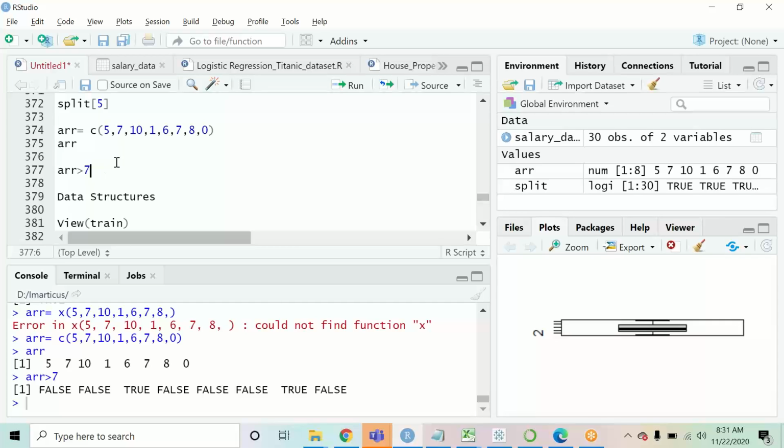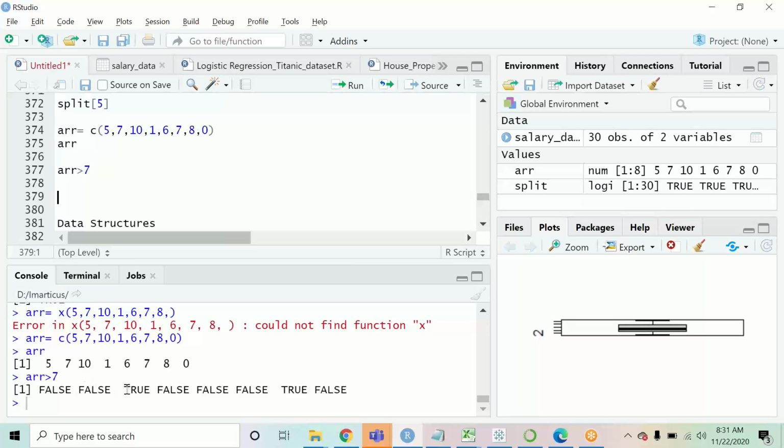Now if I say that I want to see the values which are greater than 7, I actually want to see them. See, what this has given me is that the first value is false, second value is false, then the third value is true, fourth value is false. Likewise, we have got the values over here. Now what I want to do is actually get those values out. I'm just interested in seeing those values.